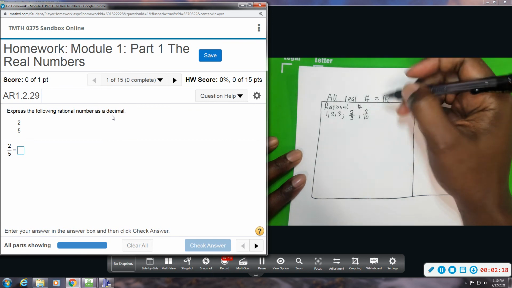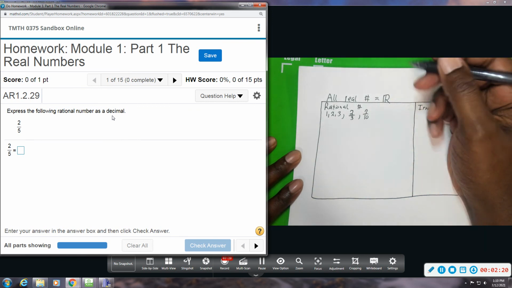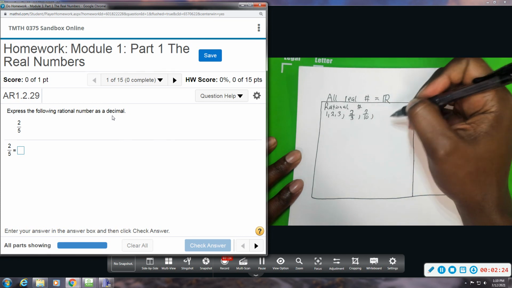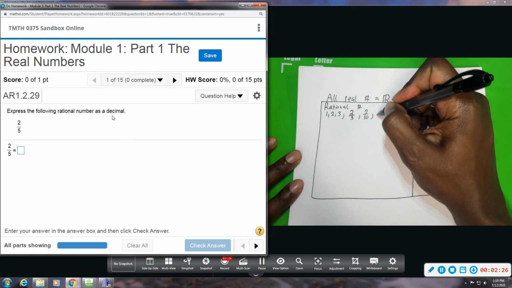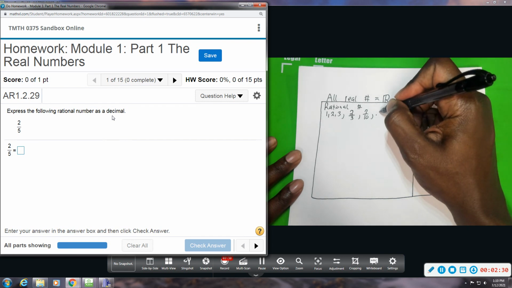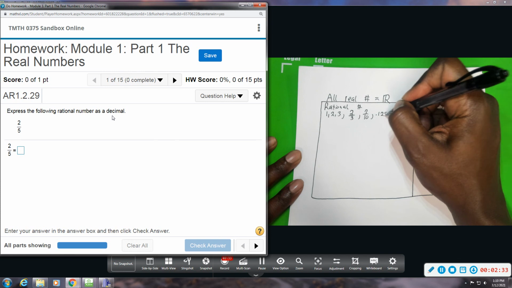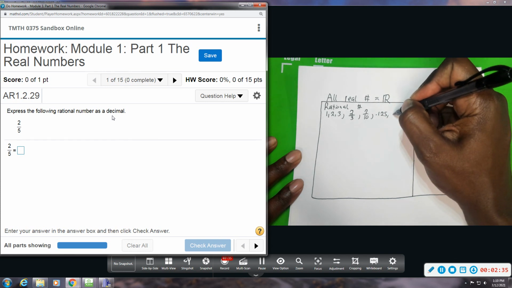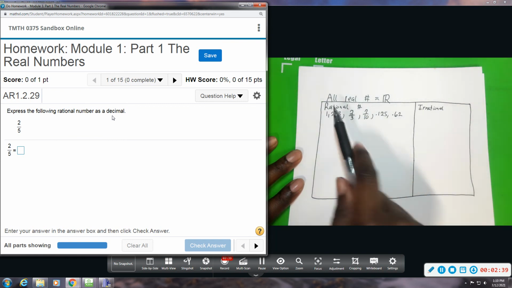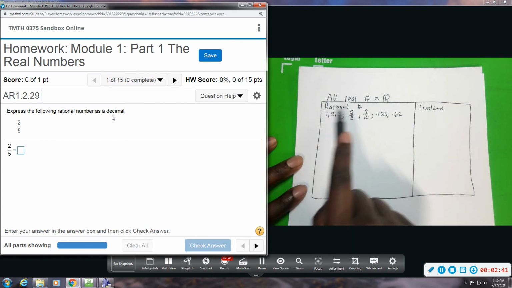It also includes decimals. Now there's 2 types of decimals that you can look at. It includes terminating decimals, so that means decimals that have a countable number of places, like 0.125, or let's just say 0.62. Okay, so again, review: rational numbers, numbers that can be put in fraction form.